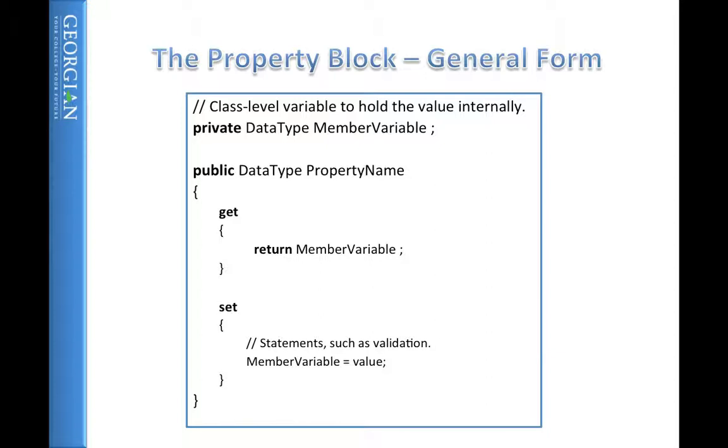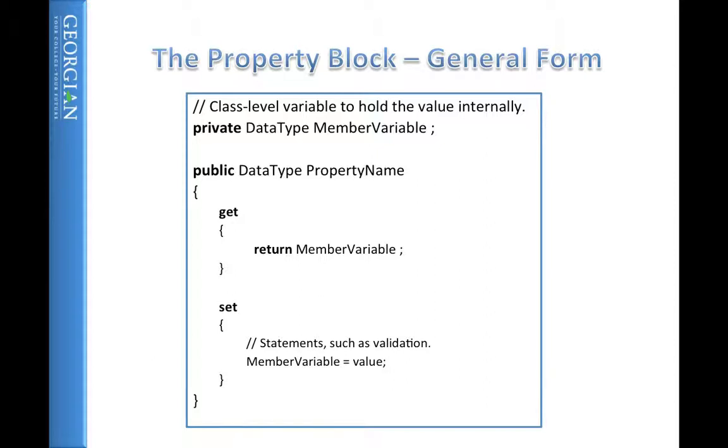So here's an example of your getter and setter. You have your private-level variable at the top, whatever the data type is, decimal for example, and the member variable that's there. Then you have your public property, where you create this property block. This is important. Take a look at this, guys, because you need to do this when you pass data from Form A to Form B, and in your exam, you're going to be tested on this.